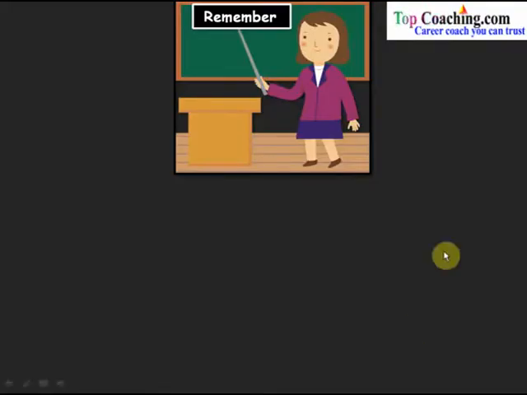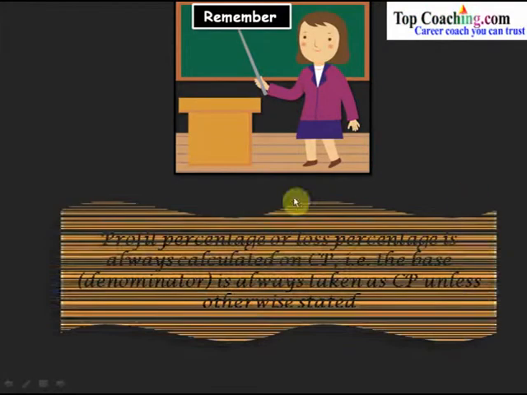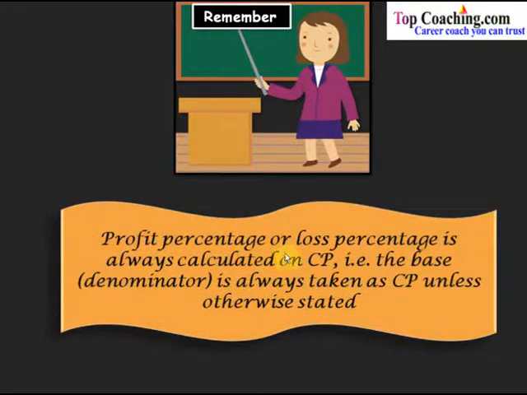Now we got to remember something, and that is profit percentage or loss percentage is always calculated on CP. That is, the base or denominator is always taken as CP unless otherwise stated. So whenever we talk of profit percentage or loss percentage, it has always to be calculated taking CP as the base, not SP.